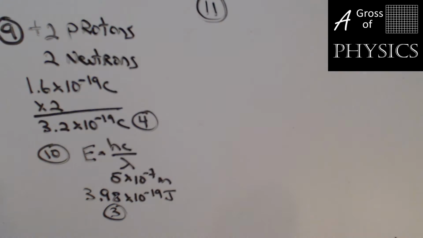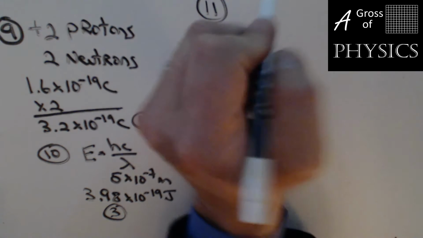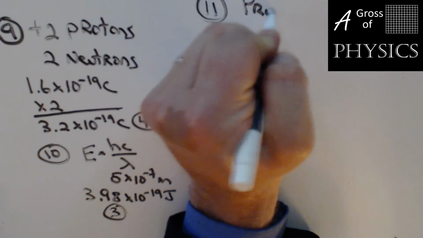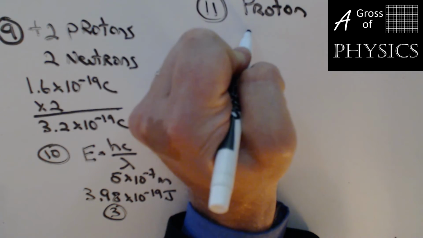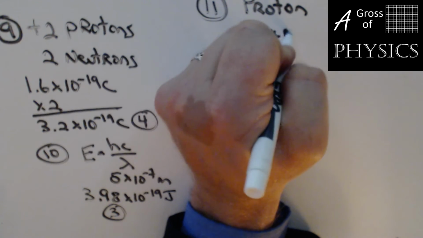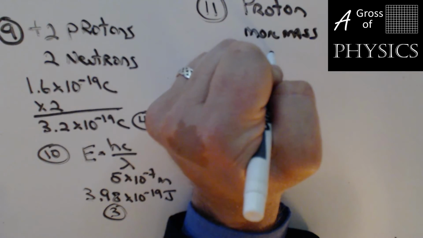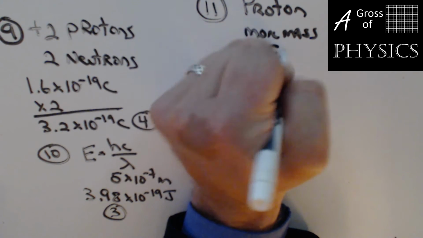All right, 11. We have a bunch of quarks. Which charged particle is more massive and opposite charge of a proton? So we have a proton, and it's got to be more mass, and it's got to be the opposite charge, so negative.